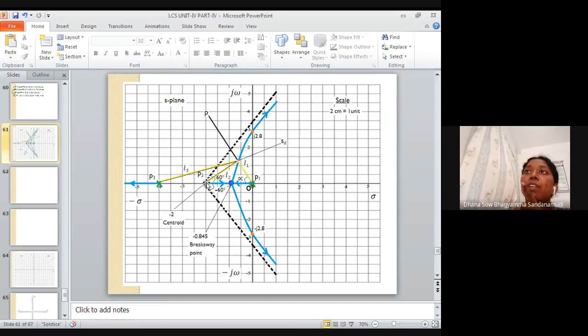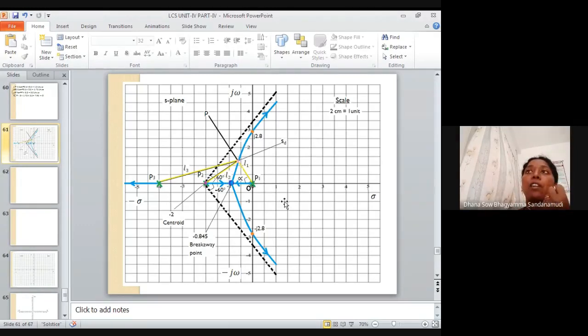Let us consider from pole P1 to this point SD, the length is L1. From pole P2 to this point, the length is L2. From pole P3 to this point, the length is L3. So the product of all these lengths, from each pole to this point.